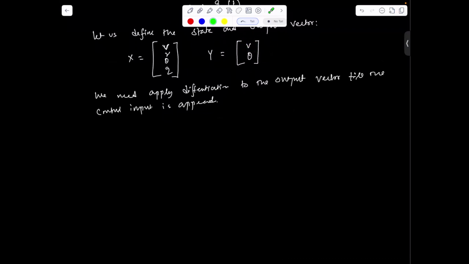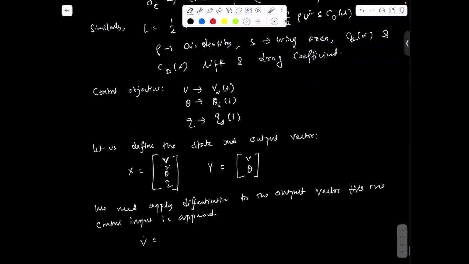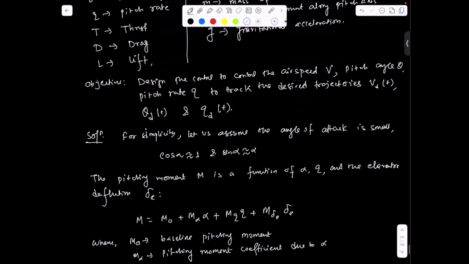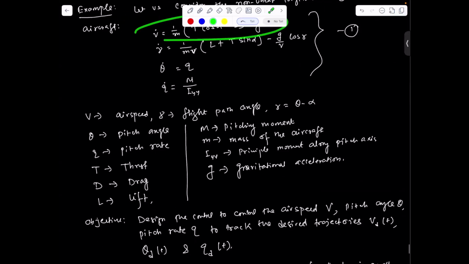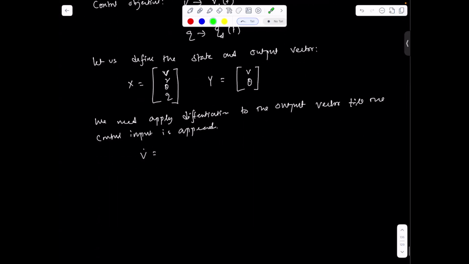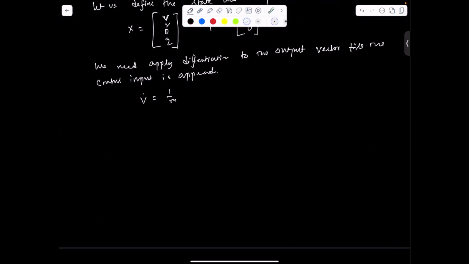There are two variables in the output, V and theta. So we'll take the first variable V, and take the derivative of V. So V dot equal to this expression given in the problem: V dot equal to 1 upon m, T cos alpha minus D minus mg sine gamma. If you notice, we have the control T in this equation.